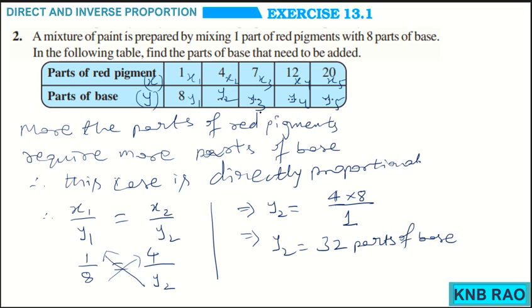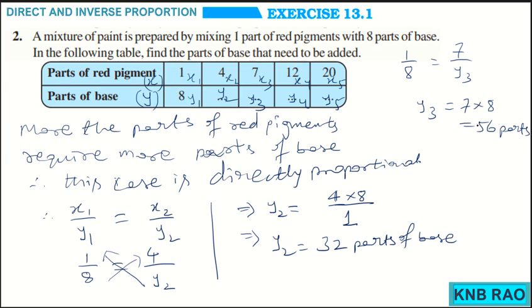So, here we found the y2 value. Similarly, you need to find how many parts of base are required for 7 parts of red pigments. So 1 upon 8 is equal to 7 upon y3, where y3 equals 7 into 8, which gives 56 parts.